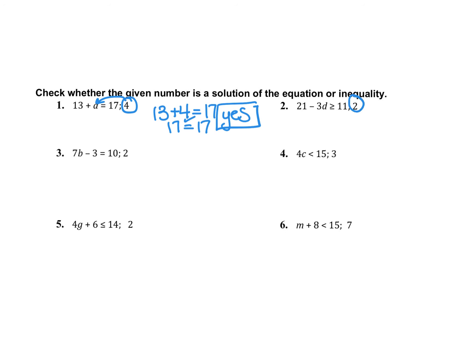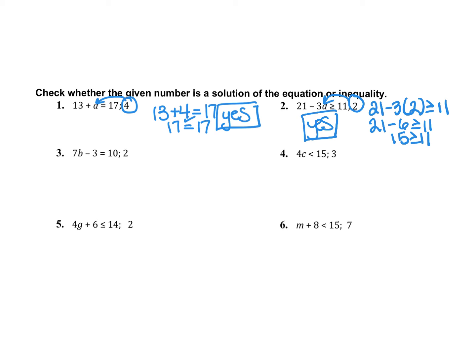And we're just checking to see, is this a solution? So we're just going to plug it in. So we'll take 21 minus 3 times 2. Is that greater than or equal to 11? Well, 21 minus 6 is 15. And is 15 greater than or equal to 11? Yeah, it's not equal to it, but it's greater than. So that's going to be a yes.